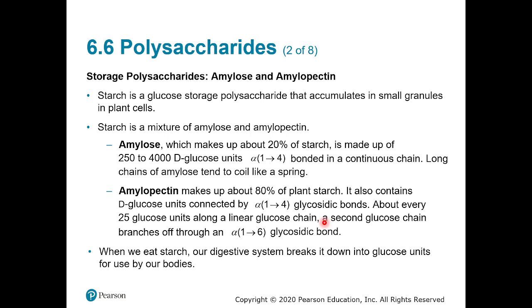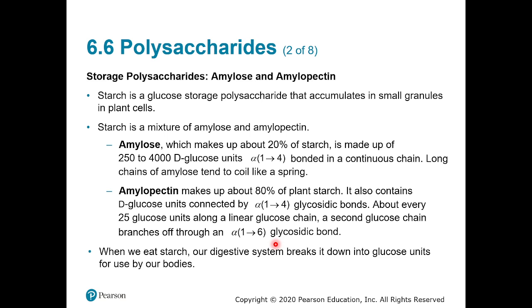So you have your long chain, and then you have branching chains coming off it every about 25 or so glucose units. Okay? And so these will actually be alpha-1,6 glycosidic bonds. So that's how you get the branching, it actually attaches to the 6 instead of the 4, right? So it gives you the branch off. And that's every 25. Okay?